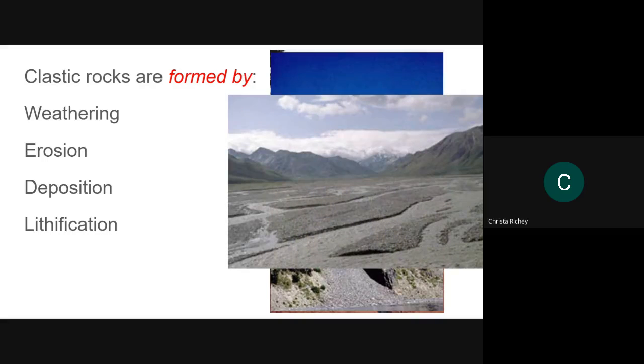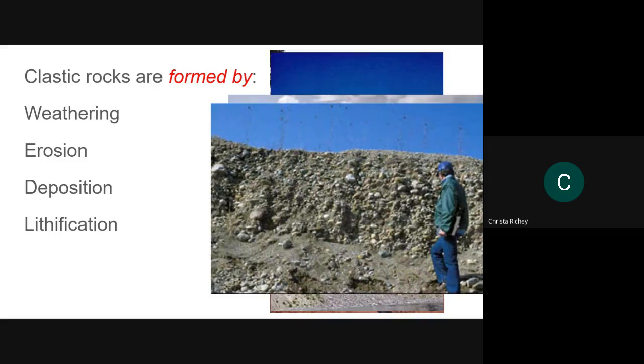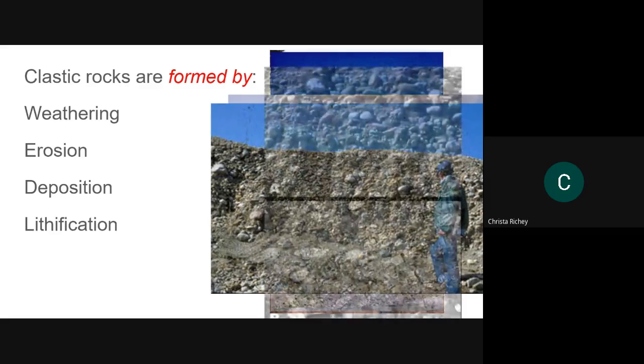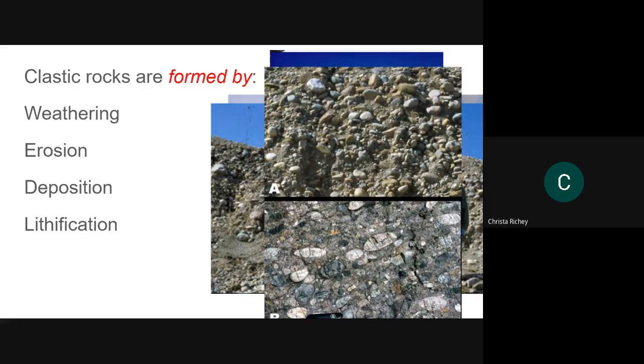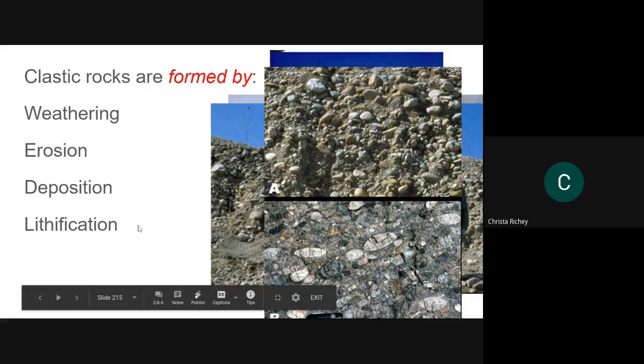Then the erosion takes it somewhere else, normally by water and by wind. Those are the two major transport methods. Then everything is deposited, and then it is lithified and turned to stone. So these are your four processes, and yes, there are multiple parts for lithification, but that's the generic term for being turned into rock.